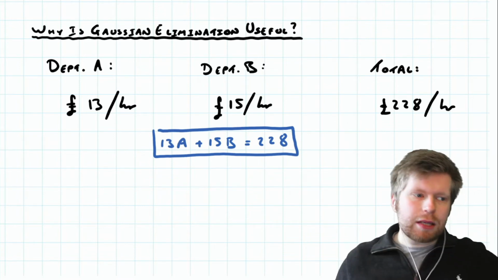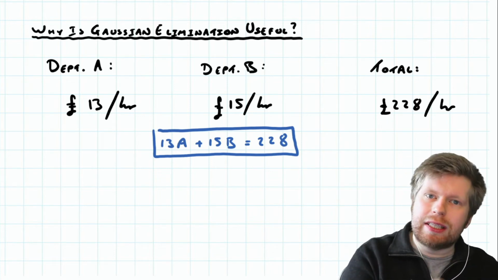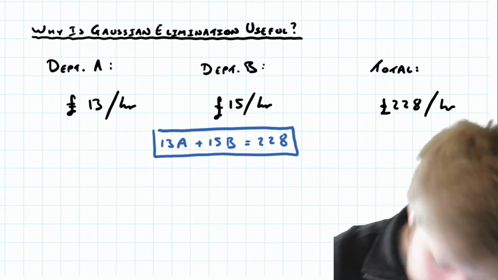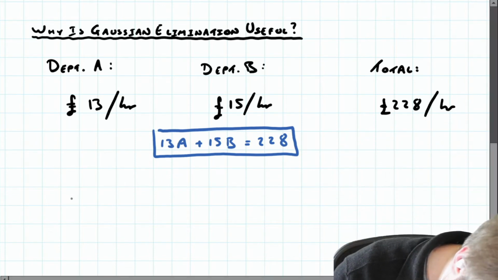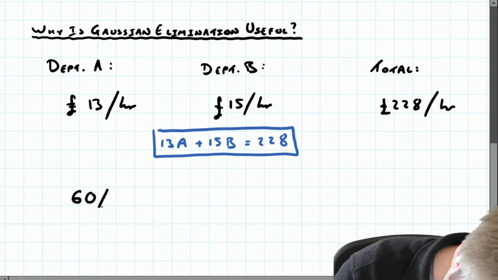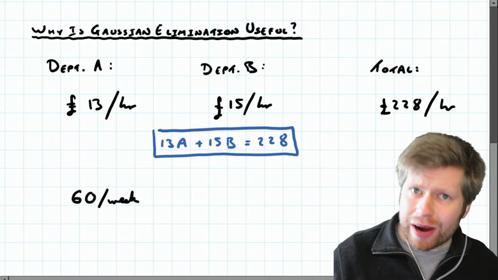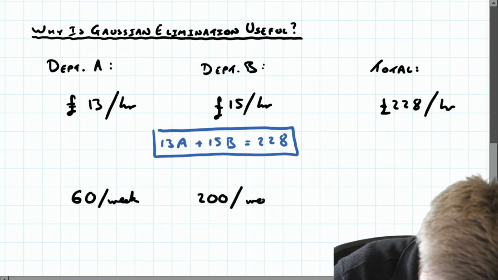Well, alright, let's suppose that I have some extra information such as the number of hours that each worker works in each department per week, okay? So let's suppose that the number of workers in Department A, they work 60 hours per week. So they work 60 hours per week each. And Department B, they're really overworked, they work 200 hours per week, okay?